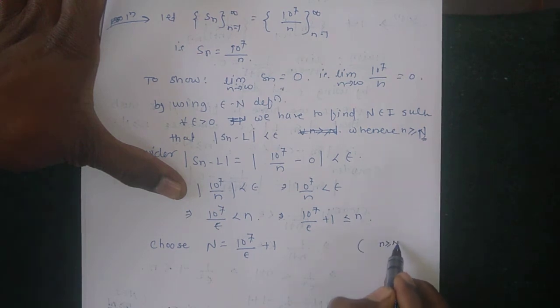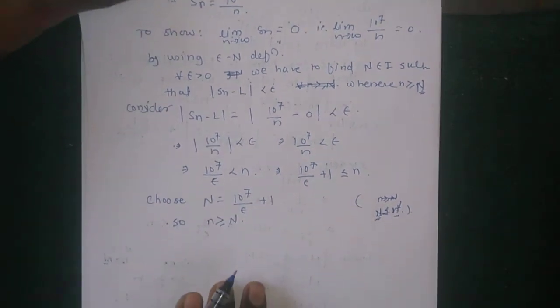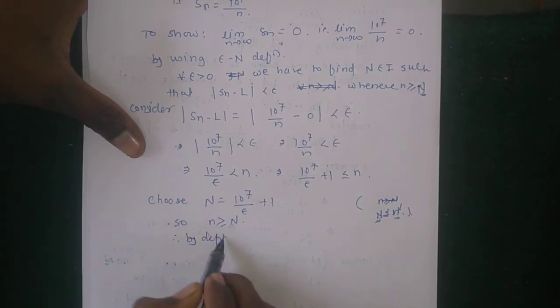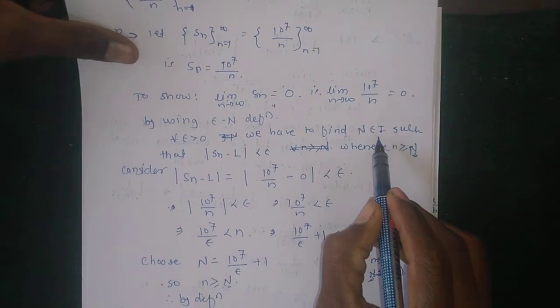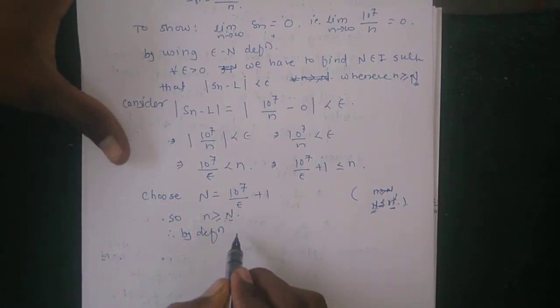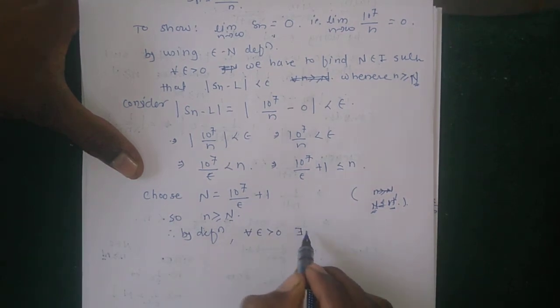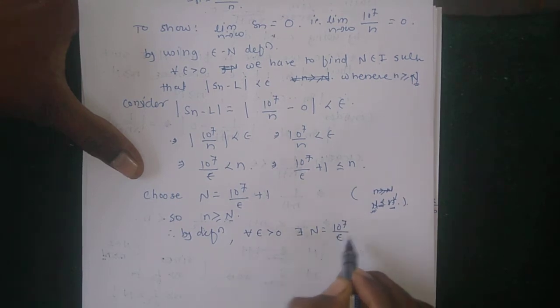Because the condition is n greater than or equal to N, so n is always greater than or equal to this capital N. So we choose N equal to 10^7/epsilon plus 1. Therefore, by the definition, this N exists in the index set, N equal to 10^7/epsilon plus 1.